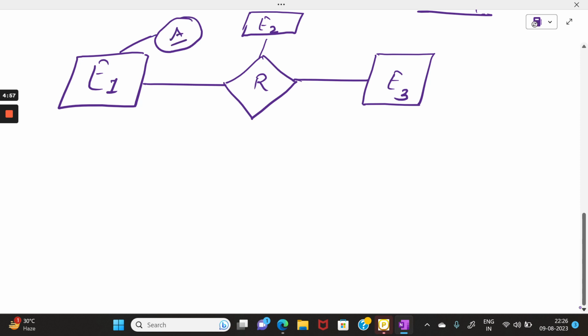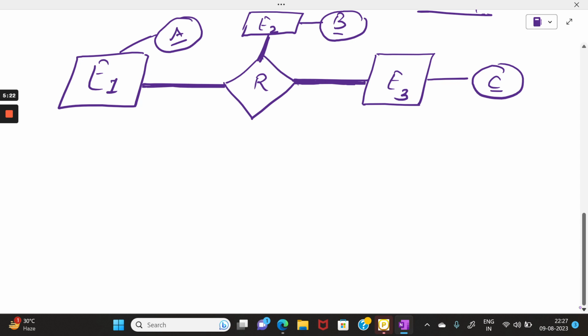Here we have the key attribute A, here the key attribute B, and here the key attribute C. Please note that this is a many to many mapping. We had already seen many to many mapping for binary relationships. So this is a ternary relationship and it is a many to many mapping.